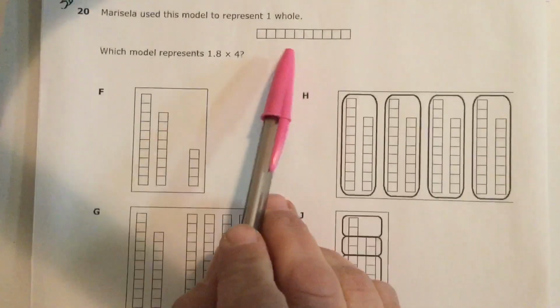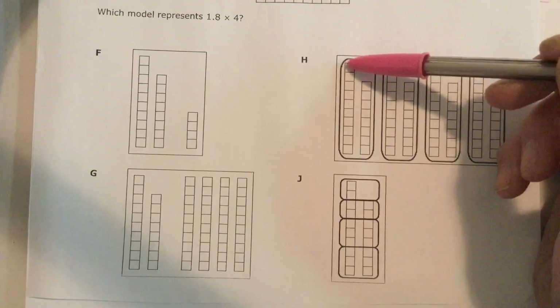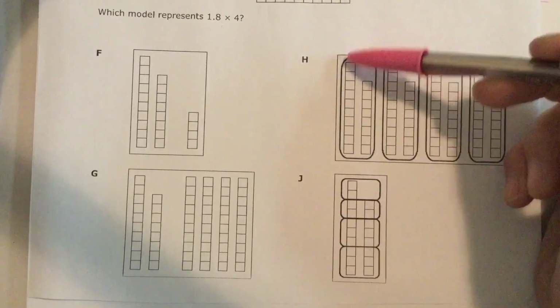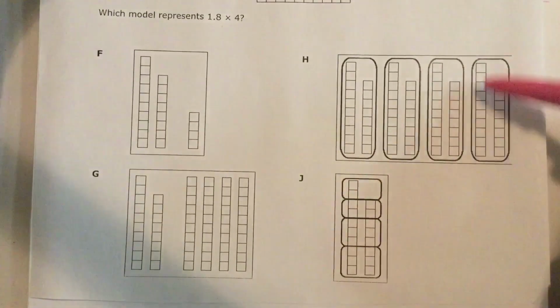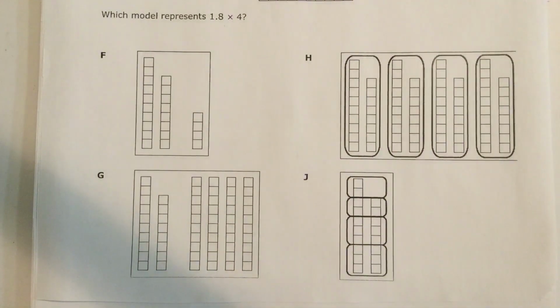That's what it told us. This represents a whole. So if this is a whole, then that means these are tenths. So 1, 2, 3, 4, 5, 6, 7, 8/10. 1 8/10, 1 8/10, 1 8/10, 1 8/10. 1 8/10 4 times. That's a multiplication problem.